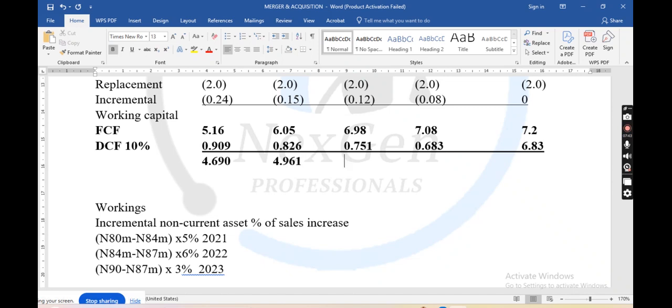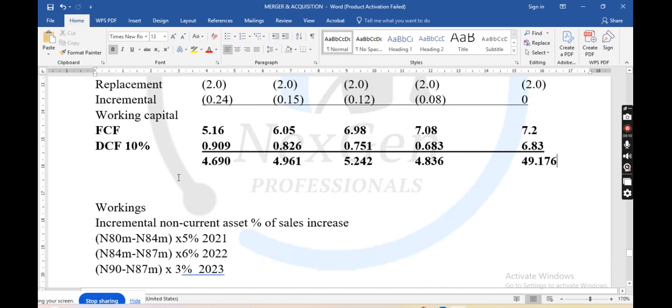The third one, 5.242. Then the next one, 4.836. The last one, 49.176.